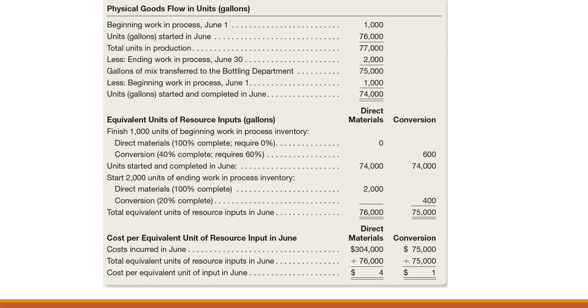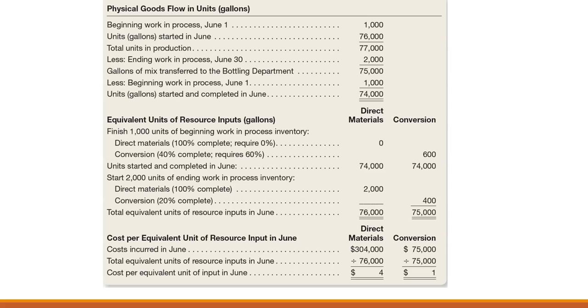We have units that were 100% started and completed in June. And then we have 2,000 units that are 100% complete for direct materials and 20% complete for conversion, giving us 76,000 total equivalent units for direct materials and 75,000 for conversion.